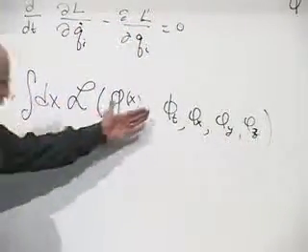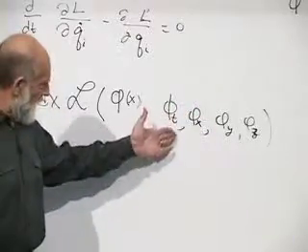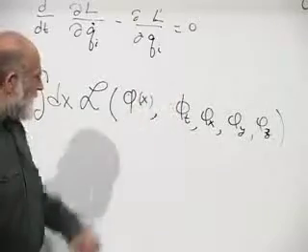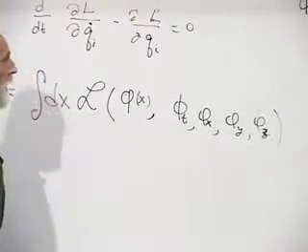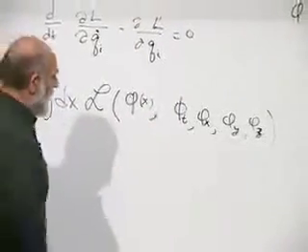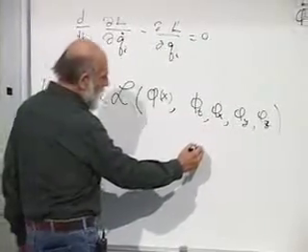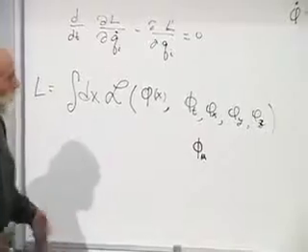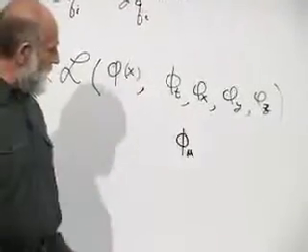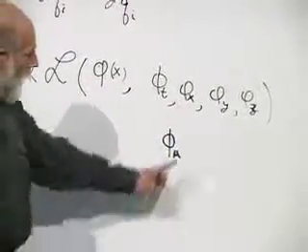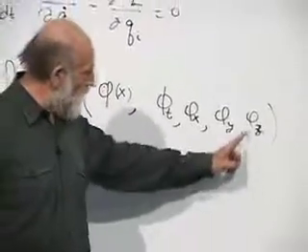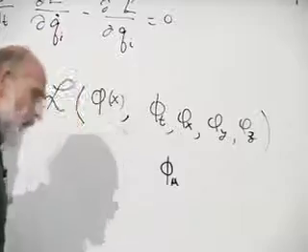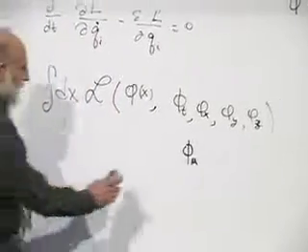Notice it's kind of symmetric between t's, x's, y's, and z's. I can also call these derivatives phi sub mu, where mu runs from 0 to 3, t being x0, x being x1, y being x2, and z being x3, in a sort of relativistic notation. All these things mean the same thing.